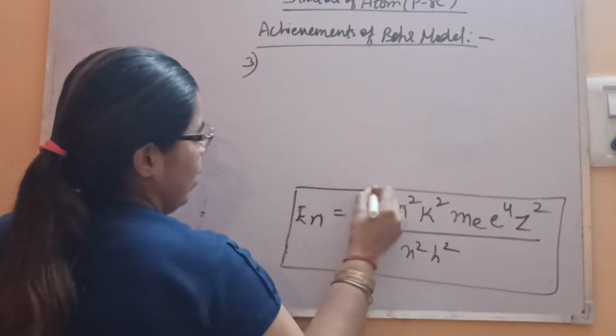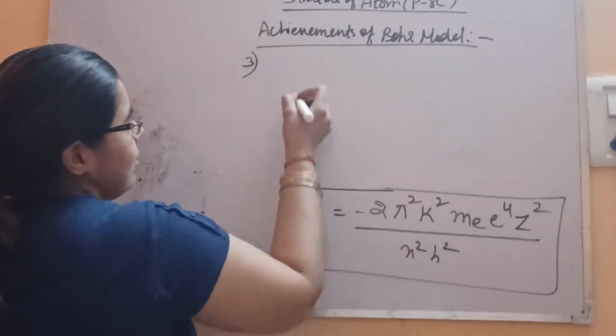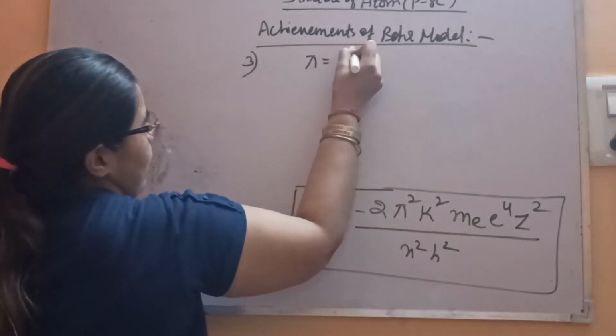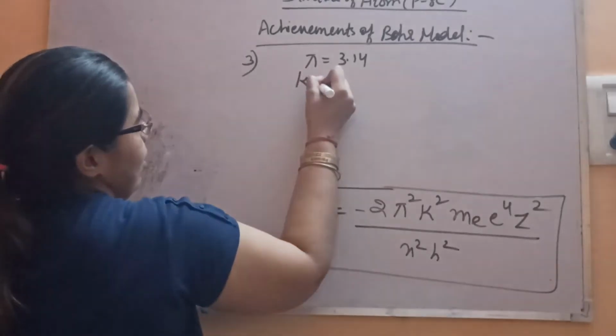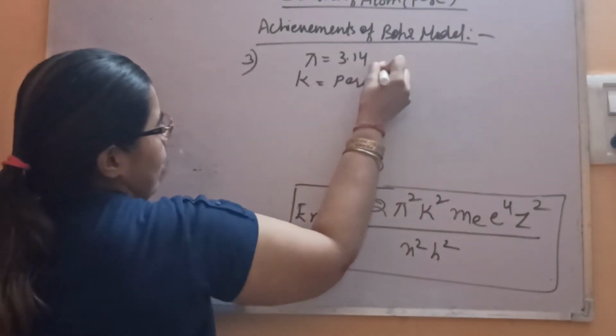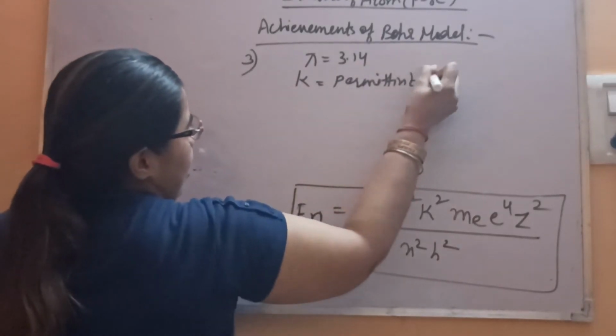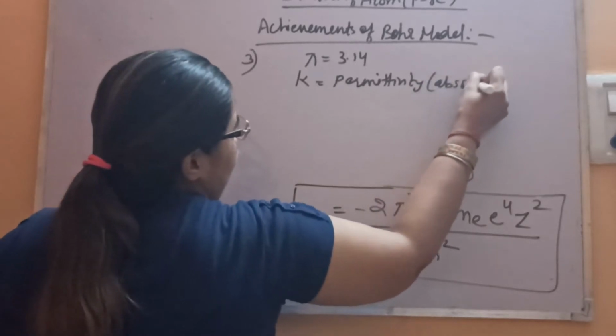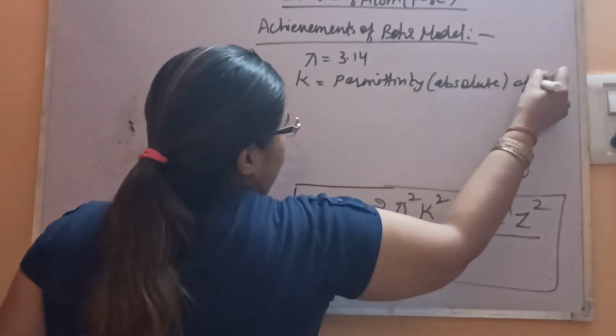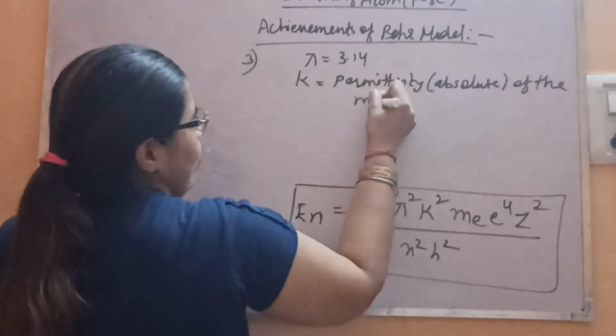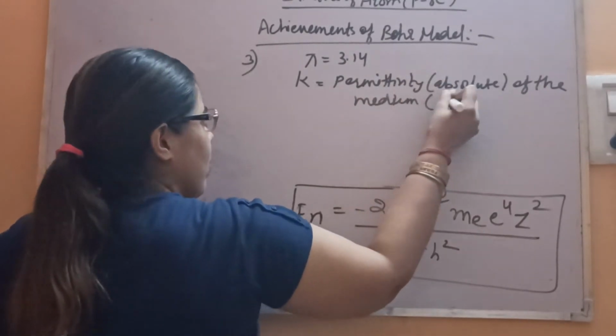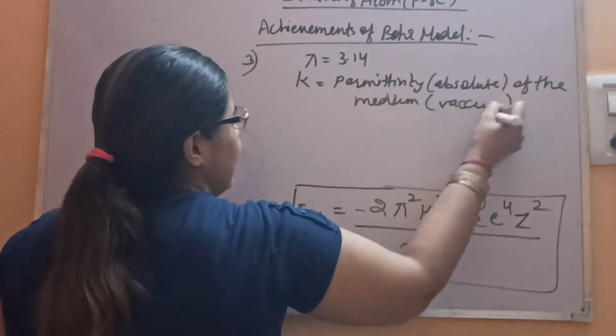This is the energy of the nth orbit. Pi, you know, it's a constant value, 3.14. K is the permittivity, that is absolute permittivity of the medium. Here it is vacuum in the given case.